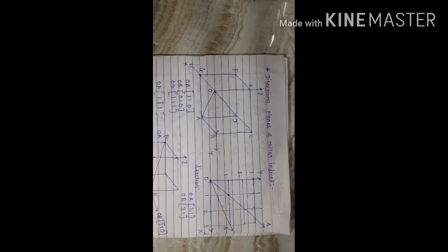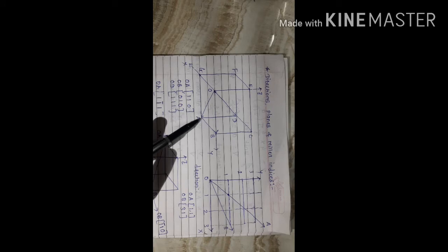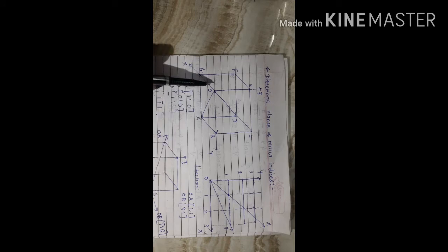See, in this diagram some directions are given. Suppose we want to find out the direction of point A. There is the origin O, and the arrow denotes the direction of the particular point.